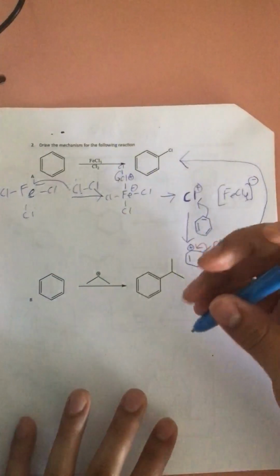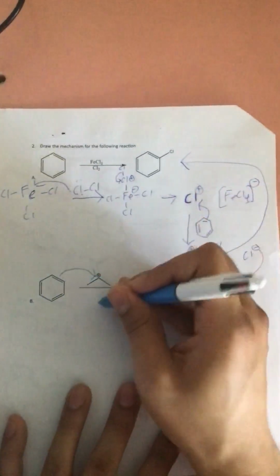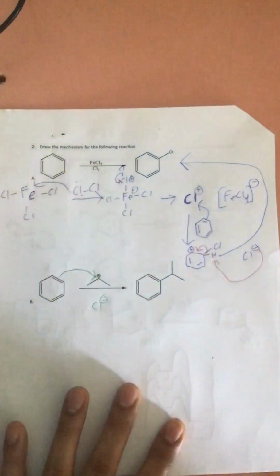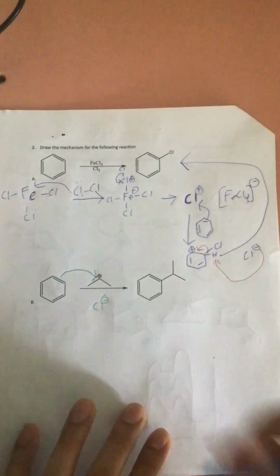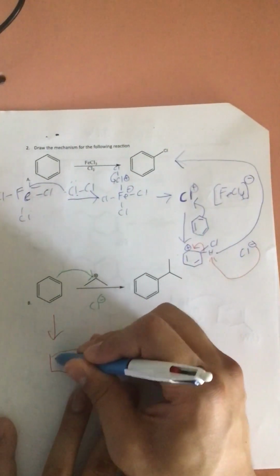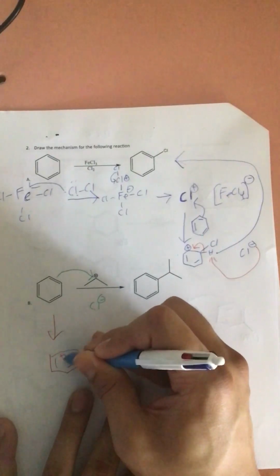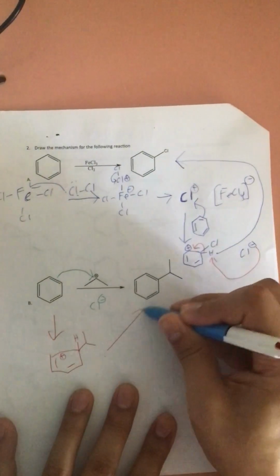Okay, for this one, we'll have chloride as our base, because when I made this worksheet, we had not done Friedel-Crafts alkylation yet. So that's going to be our base. Our first structure is going to be this.